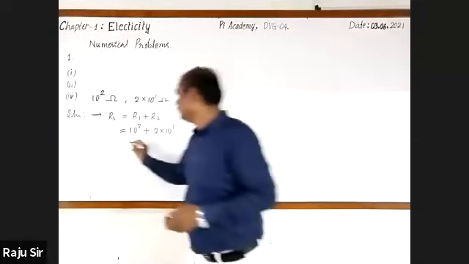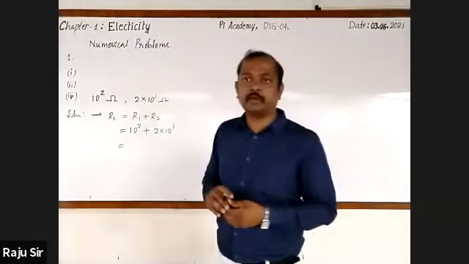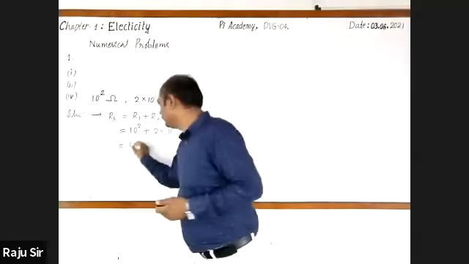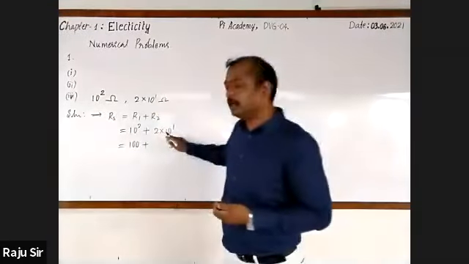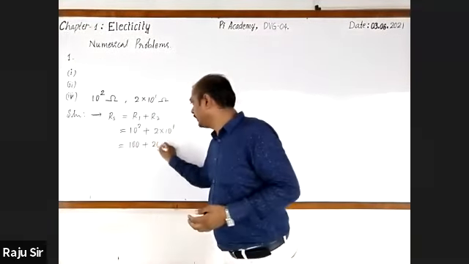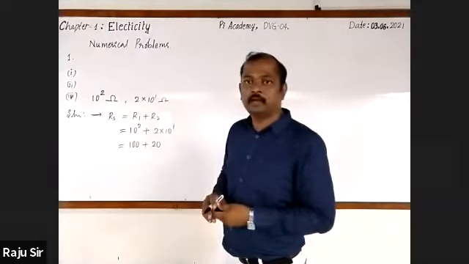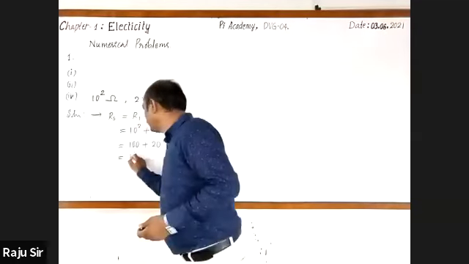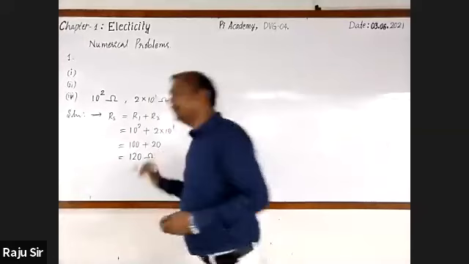Dear students, you know that the value of 10 squared is 100, plus 10 raised to the power 1 is 10. 10 twos are 20. 100 plus 20 is 120. Yes, Riker, you are right. It is 120 ohm.